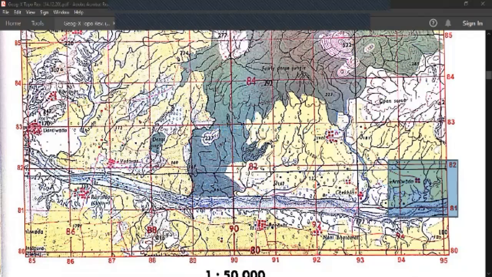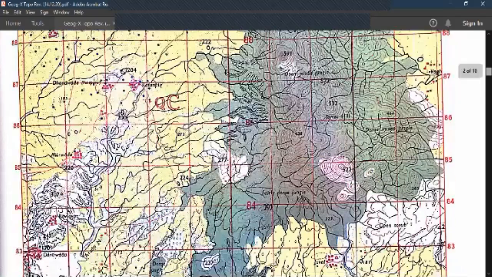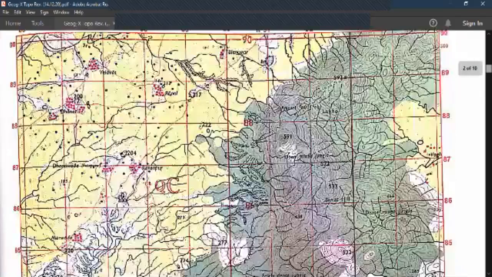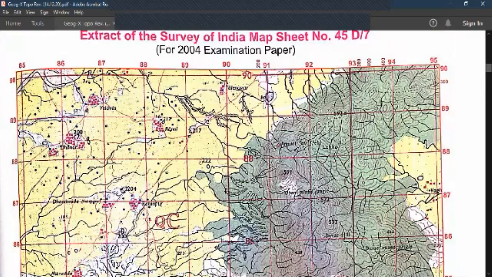Now coming to the next four-figure grid reference, that is the triangulated height 592. Again, as you can see, the grid showing triangulated height 592 here.